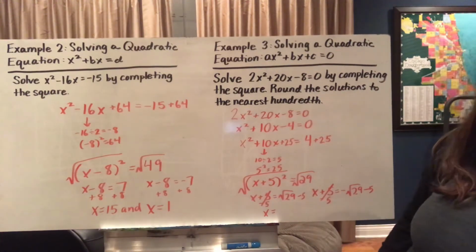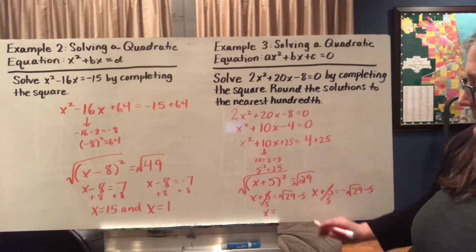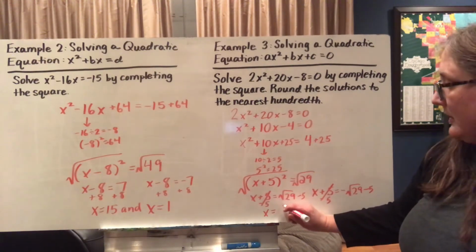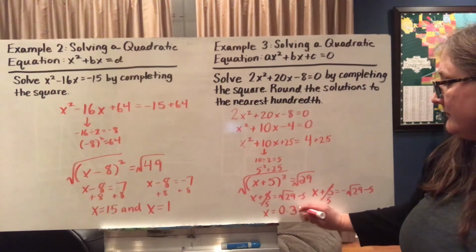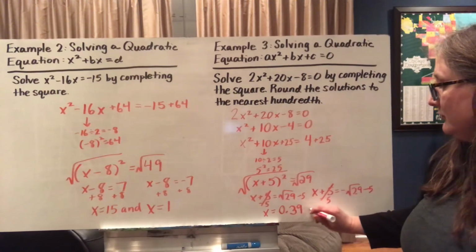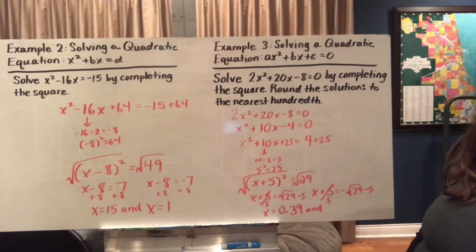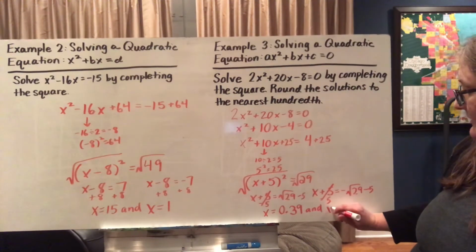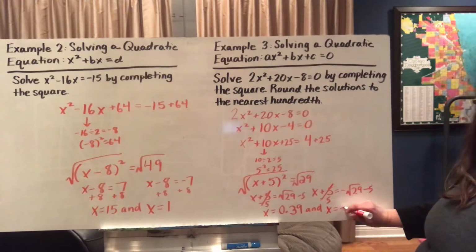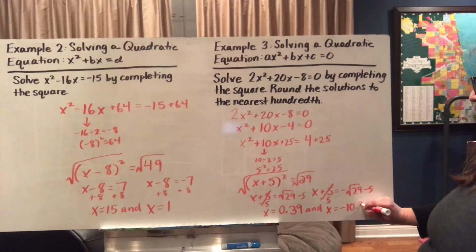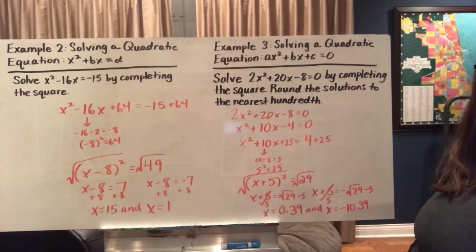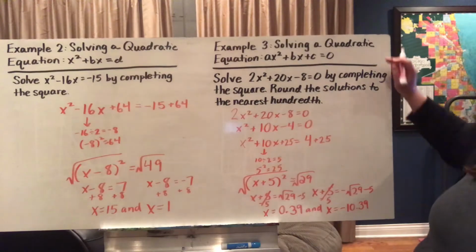So the square root of 29 minus 5 is close to 0.39. So that's my first solution. And the negative square root of 29 minus 5 is closest to negative 10.39. So there are my two solutions.